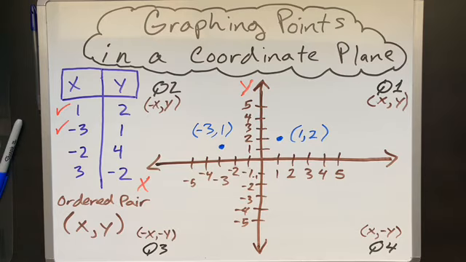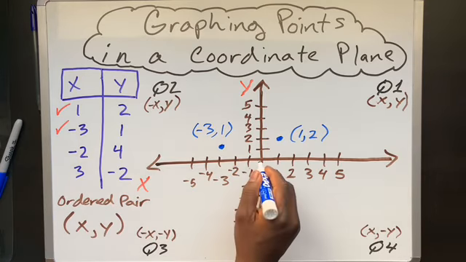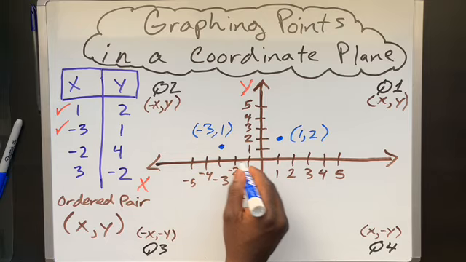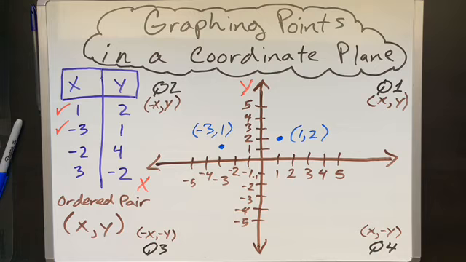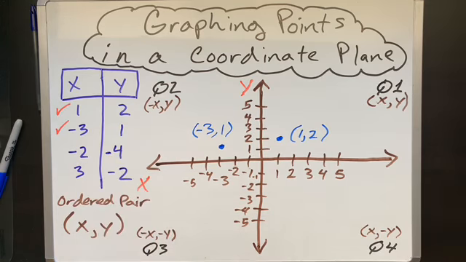Now let's go to the next point. Now, we have -2 and +4. Starting from the origin, we go over 1, 2 in the negative direction. And, I need to fix that. That should be, in order for me to get this in quadrant 3, I'm going to make that a -4.